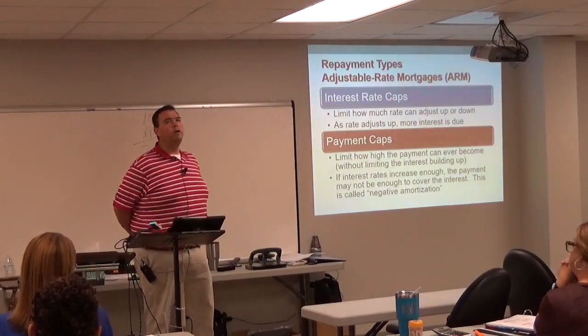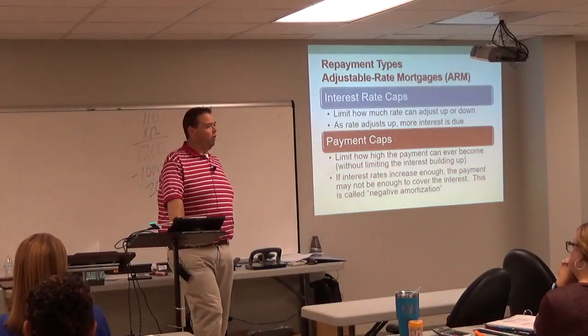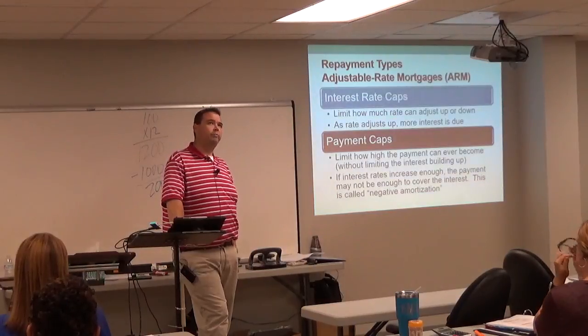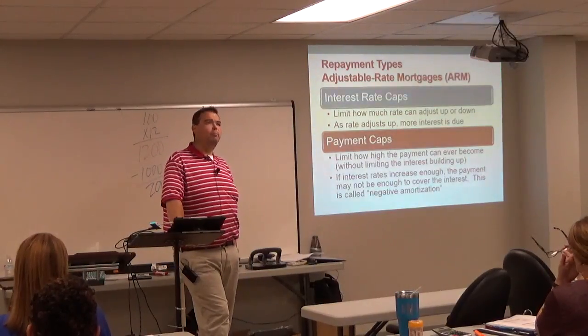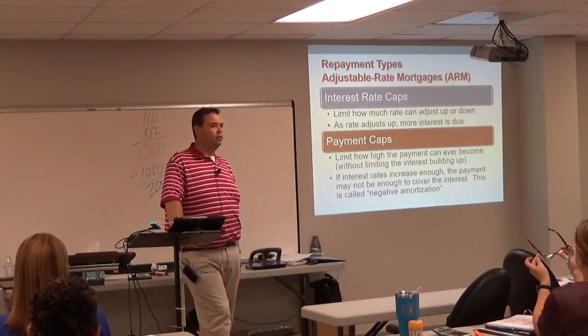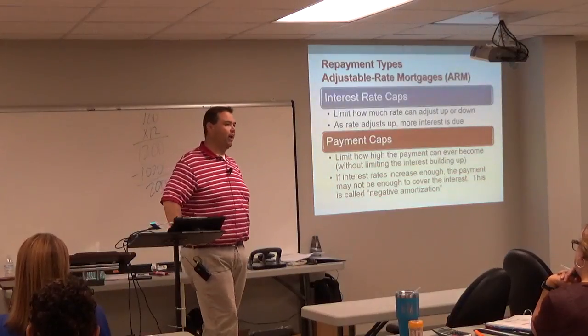Like, for example, the State Employees Credit Union adjustable rate mortgage is a 5-year ARM with, let me get this right. It's a 5-year ARM. The maximum adjustment per cycle is 2%. So that's the max it can adjust either direction in any 5-year cycle.